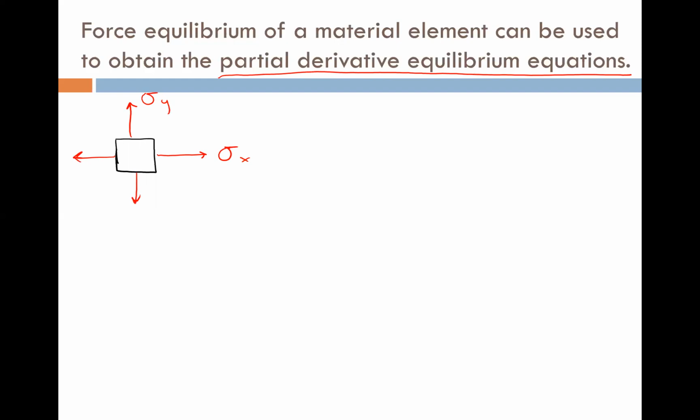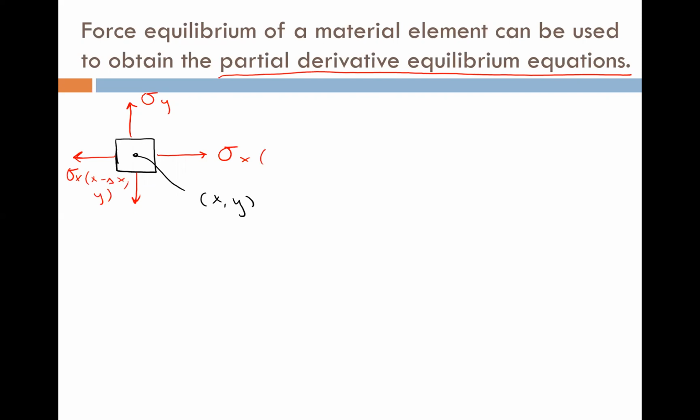But this time, I'm going to get a little bit more detailed, and I'm going to say that these sigma x and sigma y values might vary slightly across the element. So this element is big enough that we have a slight variation, which means that if this is centered at x and y, then on the left side, we have sigma x at x minus delta x, comma y.